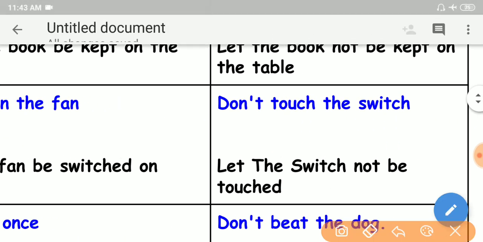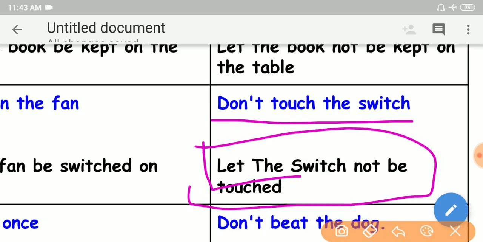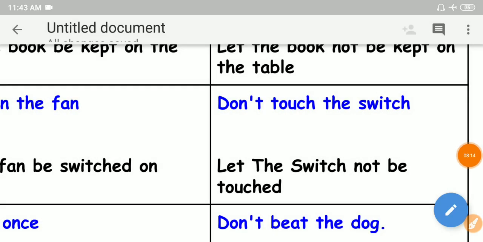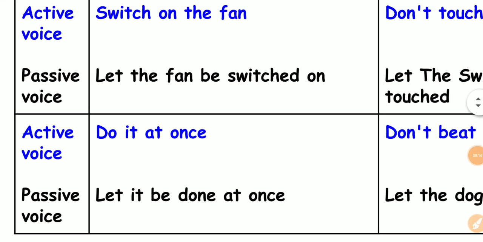Like that, don't touch the switch. Let the switch not be touched is the passive voice, my dear friends. Like this, we can go and learn with some more examples, my dear friends.